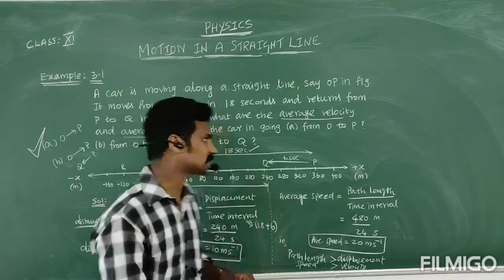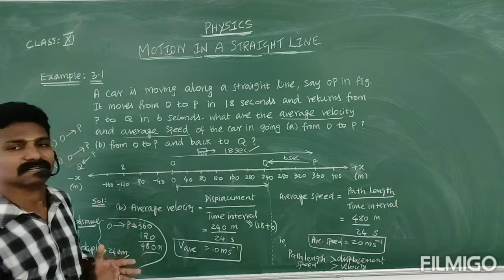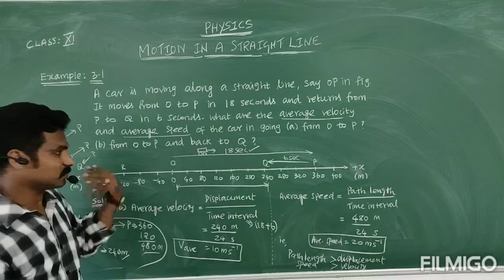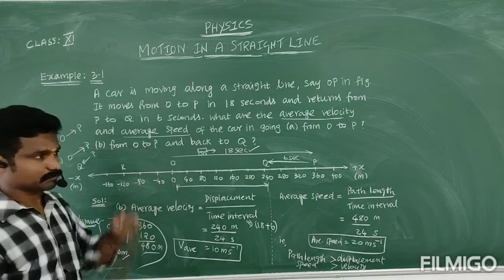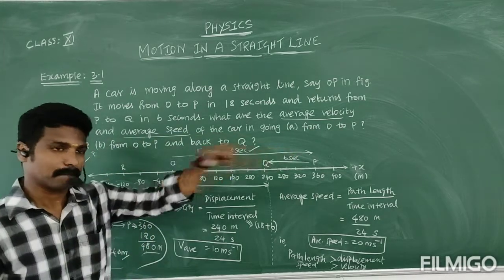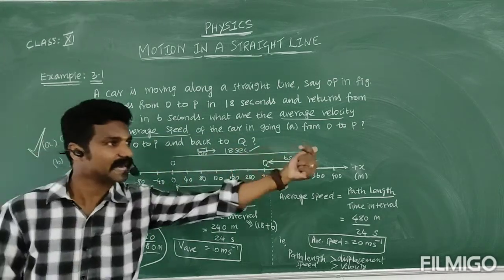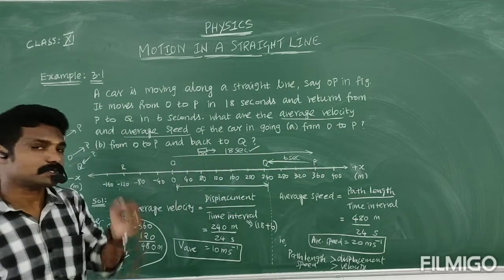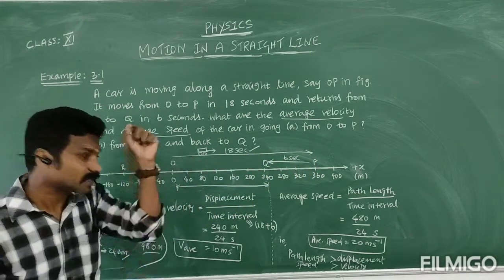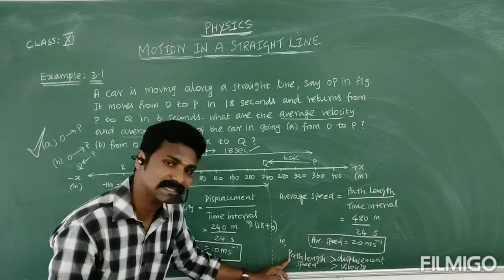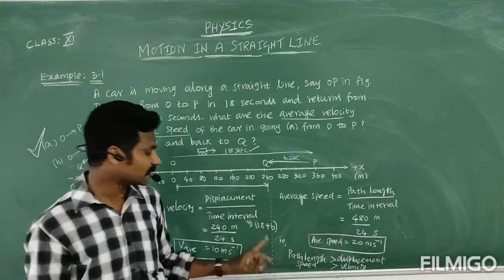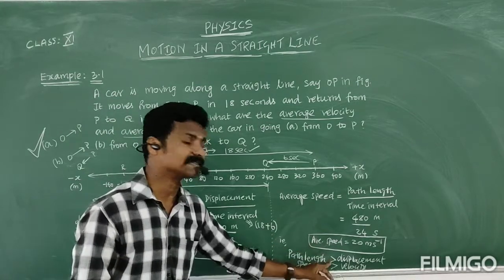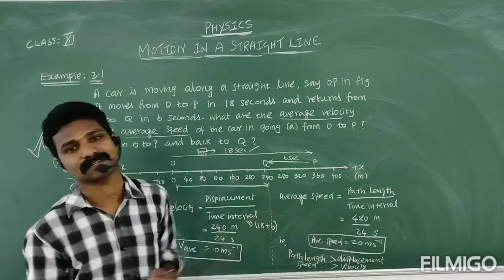If you observe, in the previous question we got the same answer, 20 meters per second for both, because it is a straight line. But in the second case, the direction is changing. Due to the change in direction, the magnitude of the path length is greater than the magnitude of the displacement.